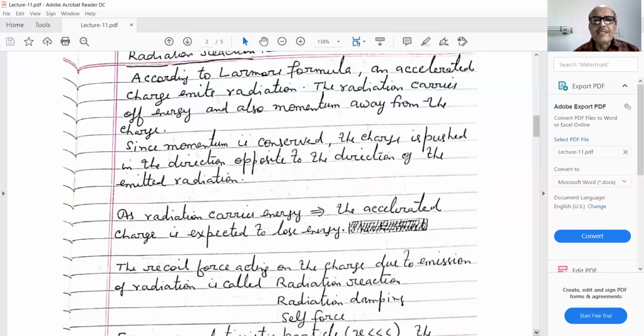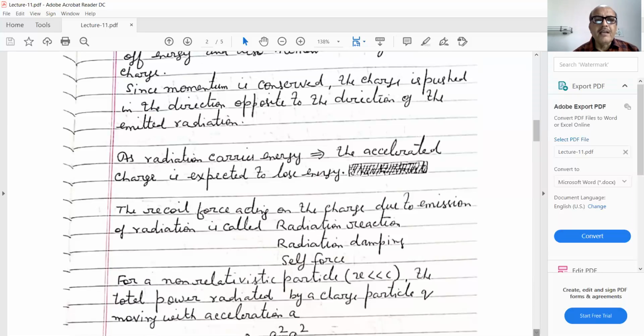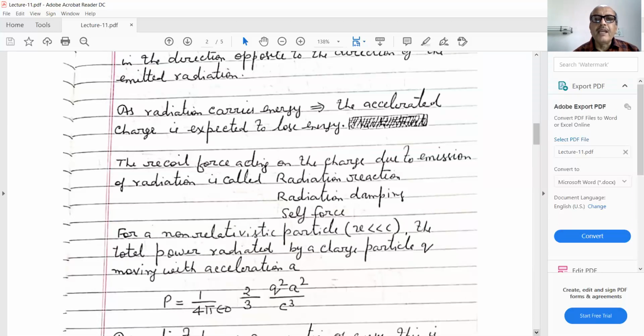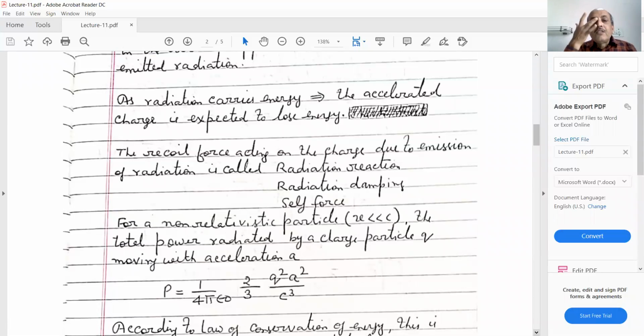If you consider this force for a non-relativistic particle, the velocity v is much less than the velocity of light. We can write the formula for the power radiated by a charged particle q moving with an acceleration a as 1 upon 4 pi epsilon 0 times 2 by 3 q squared a squared upon c cubed.